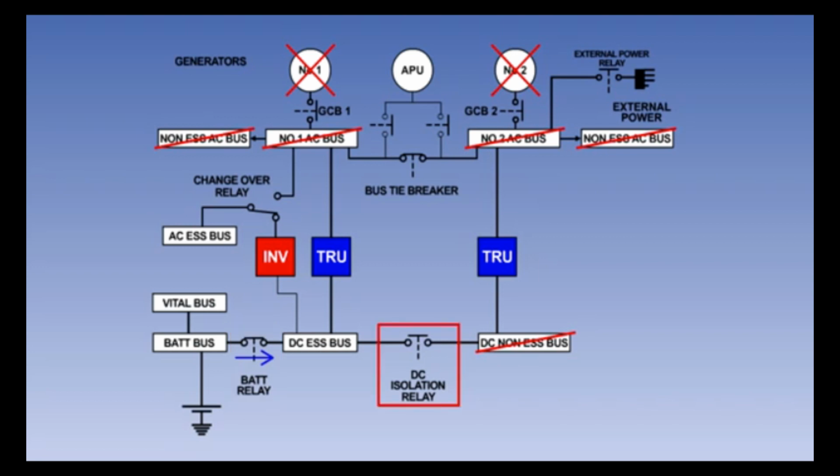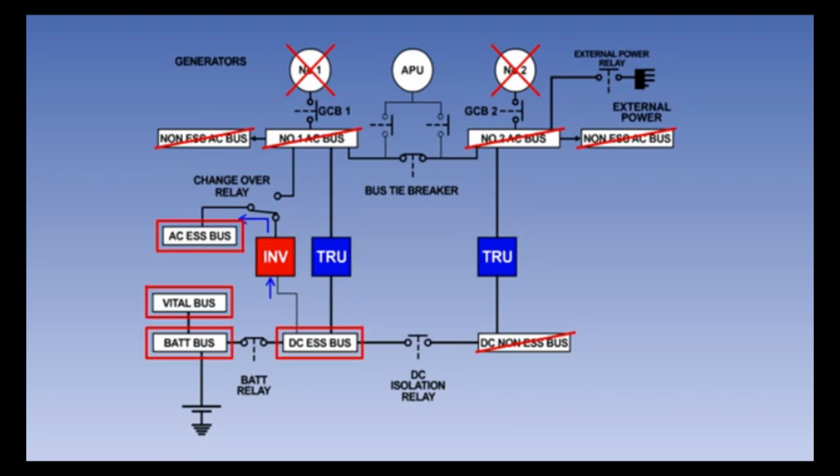And the DC isolation relay will open, cutting off power to the DC non-essential busbar. Finally, the changeover relay contacts will move over, allowing the static inverter, supplied by the battery, to power the AC essential busbar.